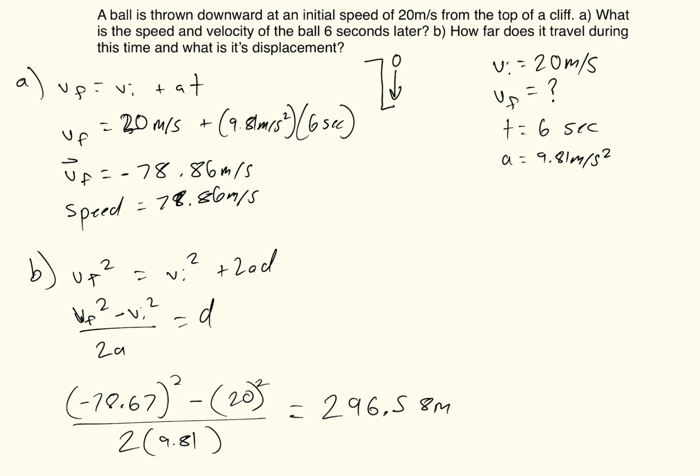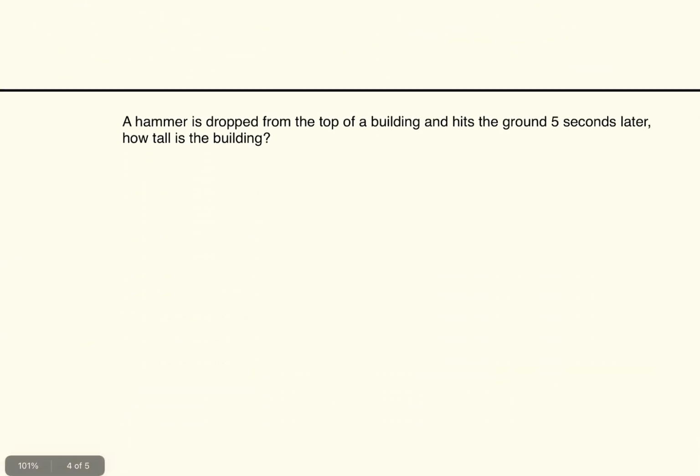So our D is equal to 296.58 meters, but our displacement, which is our change in position, is equal to negative 296.58 meters, since it's going downwards. So once again, not too bad. Let's try the next problem.